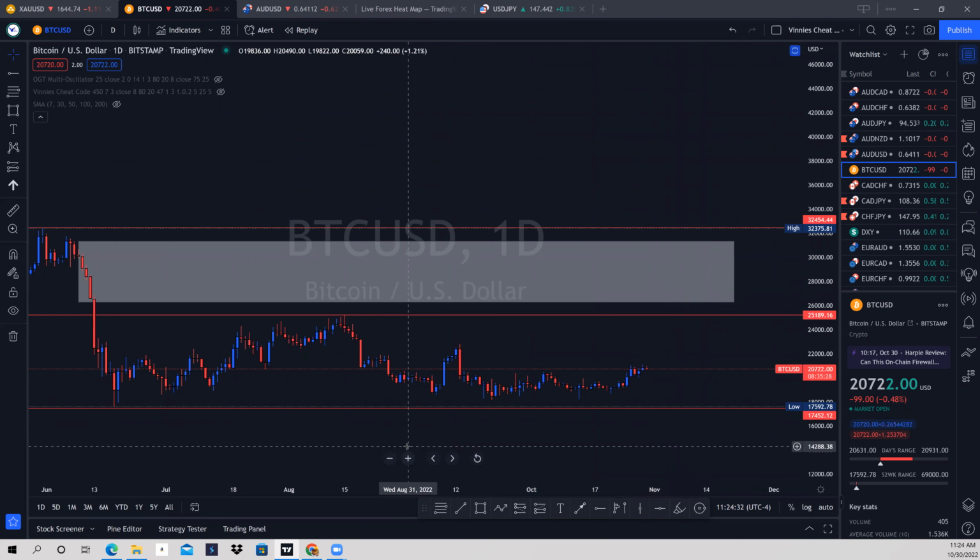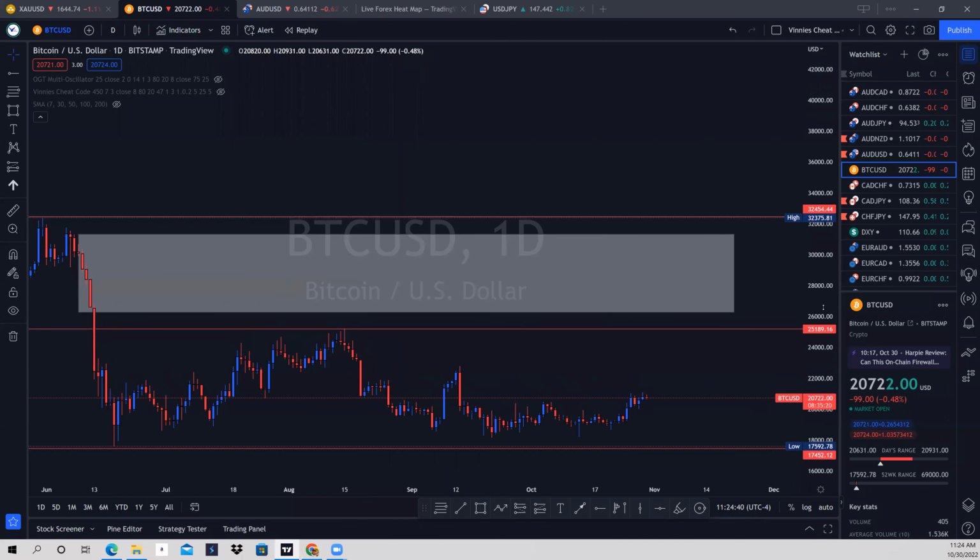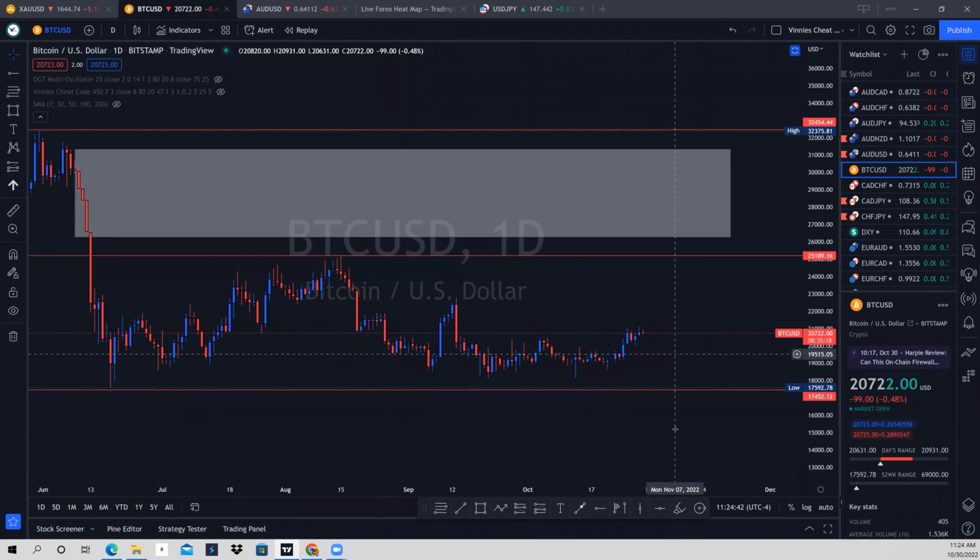But me personally, I would not be buying Bitcoin because of the sideways movement. It's just not in my trading plan. That's not what I would do. But we can expect price to go up in the meantime.